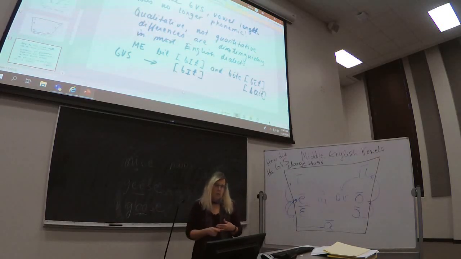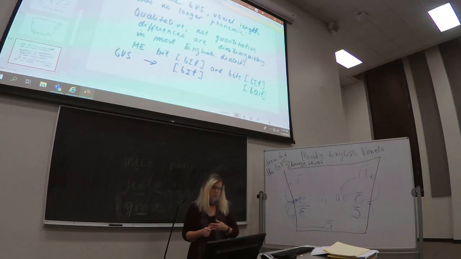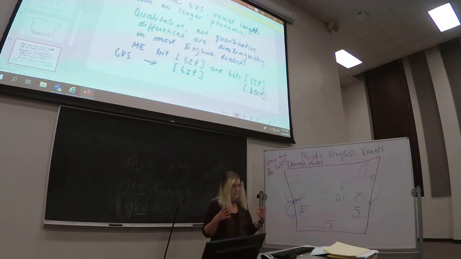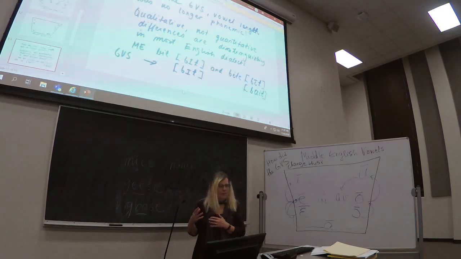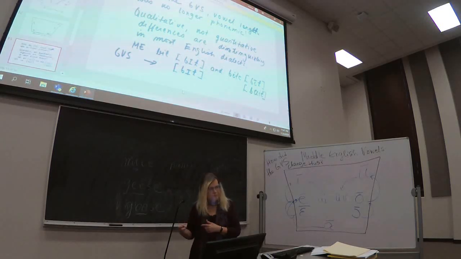So there are qualitative differences in vowels that are shorter, they are lax vowels, and then the tense vowels, they still tend to be longer, but the main difference is a qualitative change.